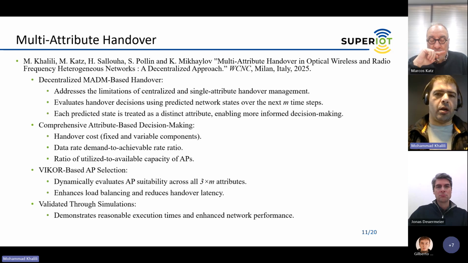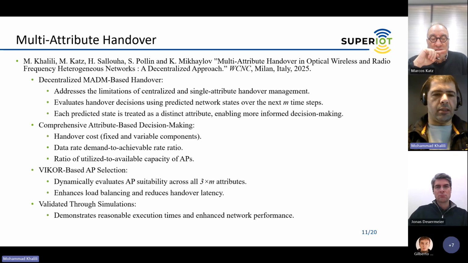Considering these three times m attributes, the node uses this Waker algorithm to decide to hand over to another access point or stay connected with its current access point.